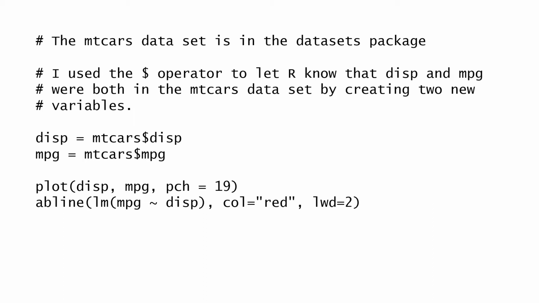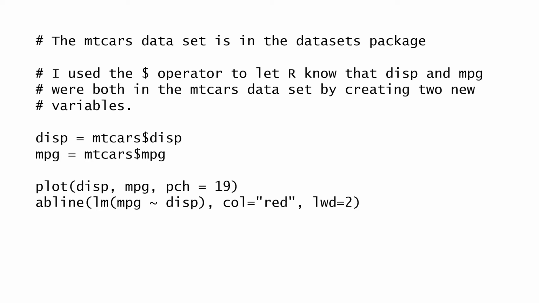The plot function creates a scatter plot. The first argument, disp, is the independent variable. It's shown along the x-axis, and the second argument, mpg, is the dependent variable. It's shown on the y-axis. Showing the independent variable on the x-axis is the convention in most scientific fields.